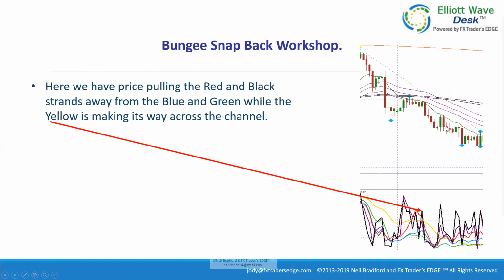And meanwhile, yellow is making its way across the channel. So that high probability of making a new extreme is because the stretch away was from the green and the blue. Nothing to do with the yellow, which stayed low. And if they stay low, we expect a new extreme. So if you see that situation, you're on a winner.